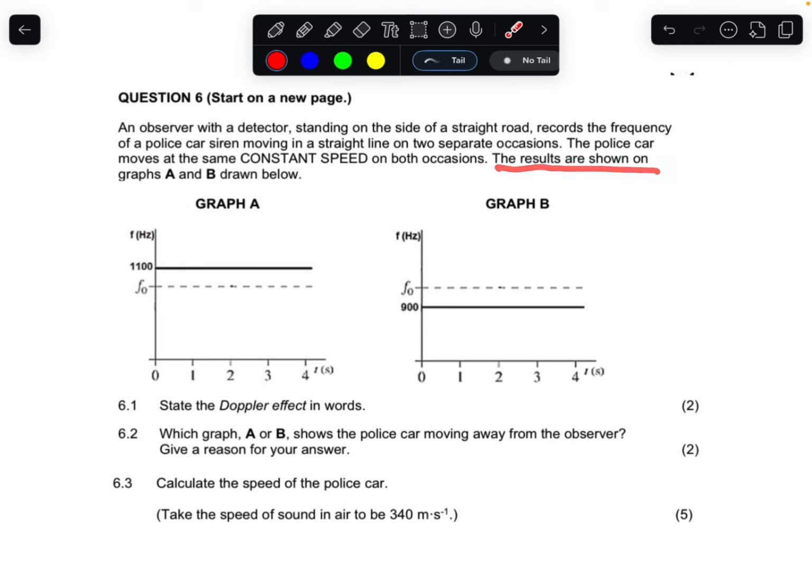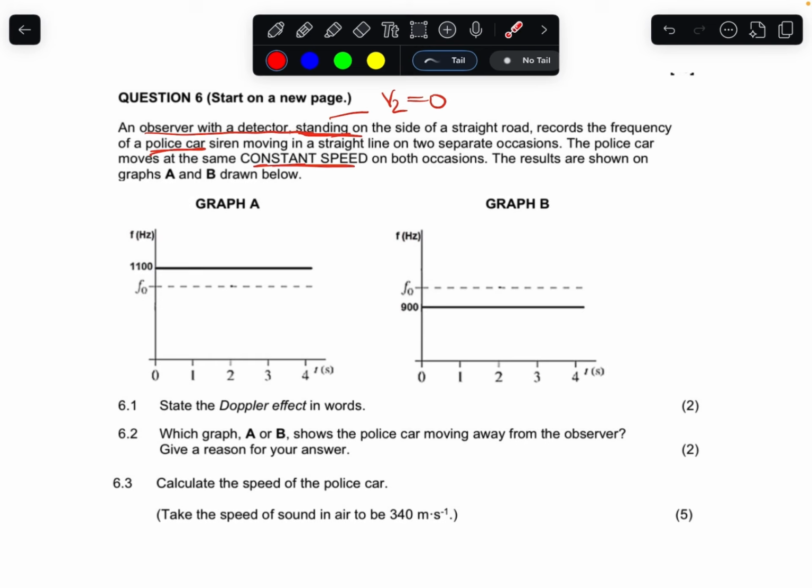The results are shown. Guys, we are told that the observer with a detector is standing. That means the velocity of the listener is equal to 0. So it's the source that is moving, which is the police car, right? It moves at constant velocity. So this was recorded on two separate occasions, while it was moving away and towards.